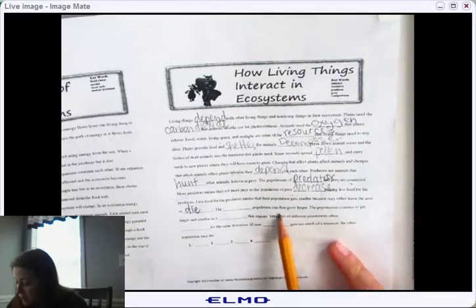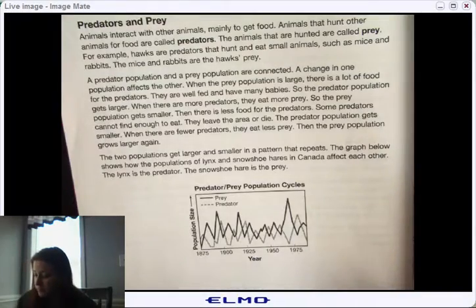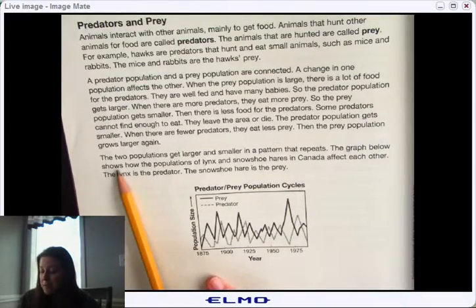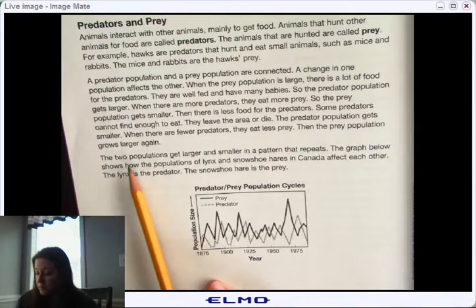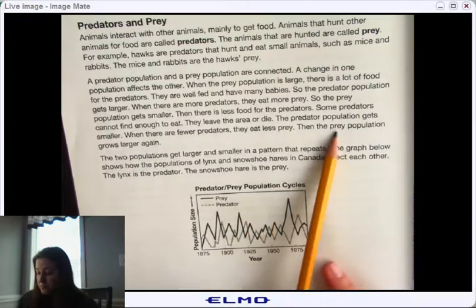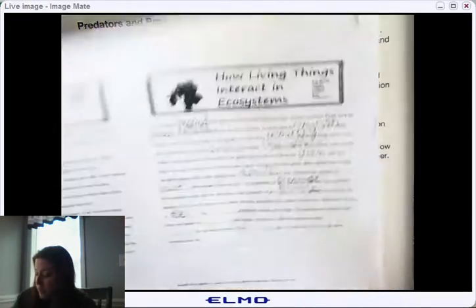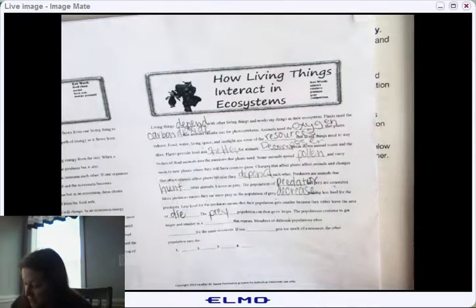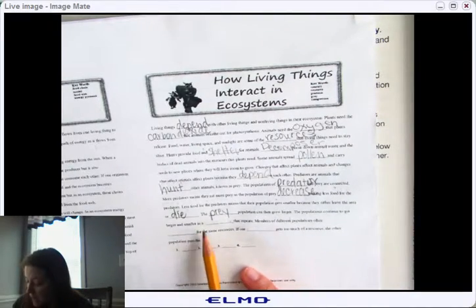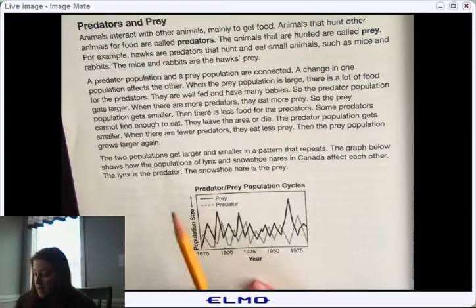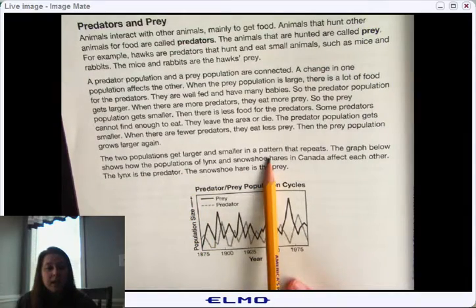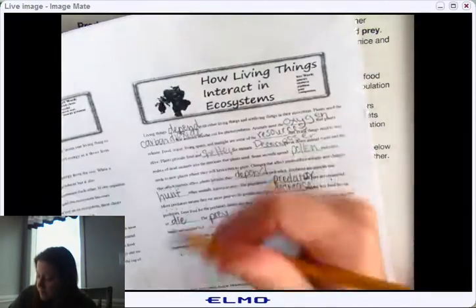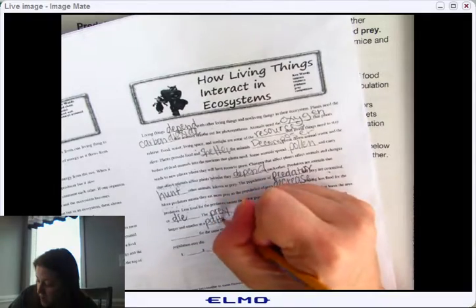Then the prey population can grow large. The populations continue to get smaller, larger, and smaller in a pattern that repeats.